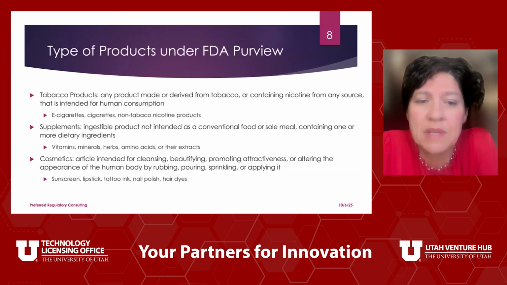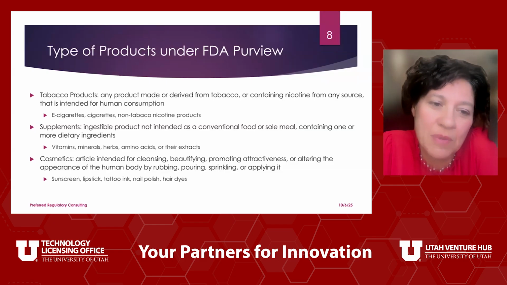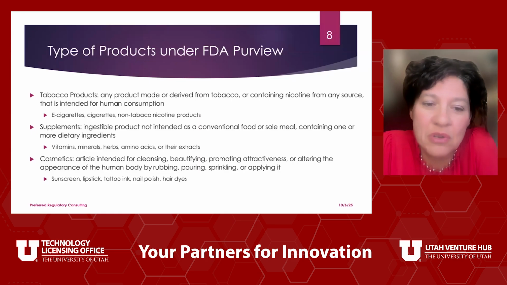So e-cigarettes, cigarettes, nicotine products such as patches and gums, etc. All supplements are under FDA regulation, though of course they're not as strictly regulated as drugs, biologics, and devices. And those are vitamins, minerals, herbal products, etc.